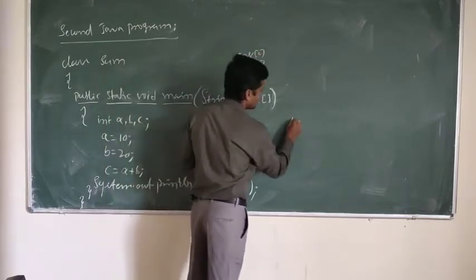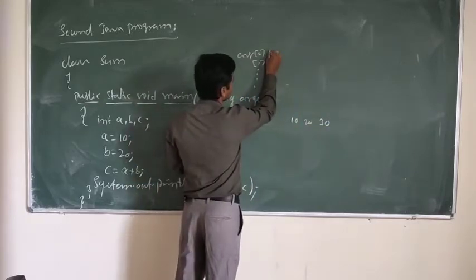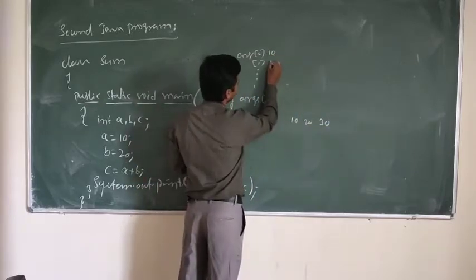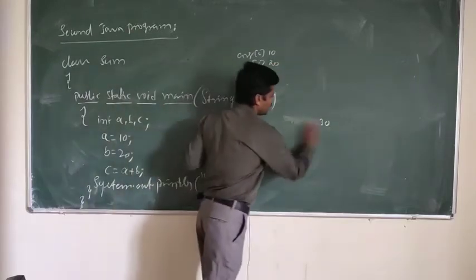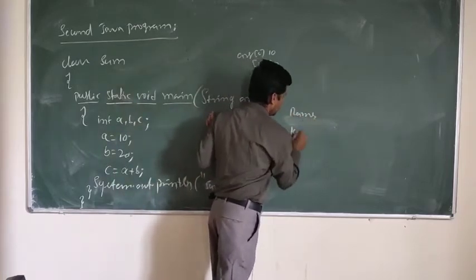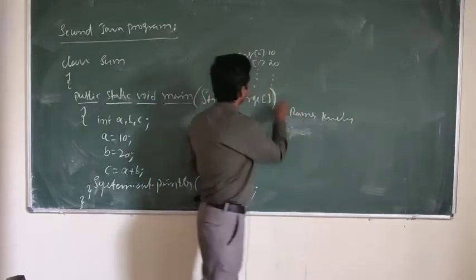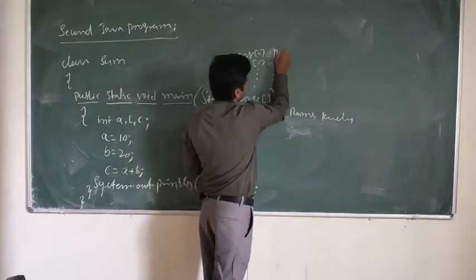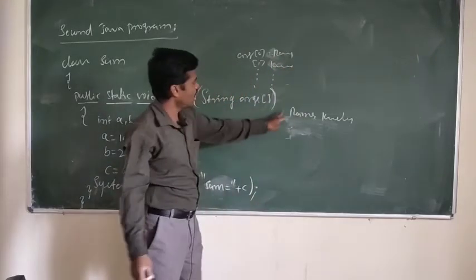Suppose you give the arguments 10, 20, 30, then 10 will be stored in args[0] and 20 will be stored in args[1]. Like that it will store them one by one. Or if you give, for example, Rama, Krishna, then Rama will be stored in args[0], then Krishna will be stored in args[1].